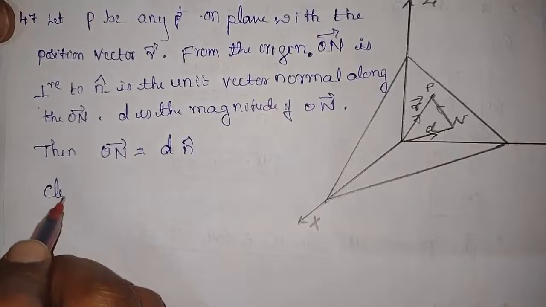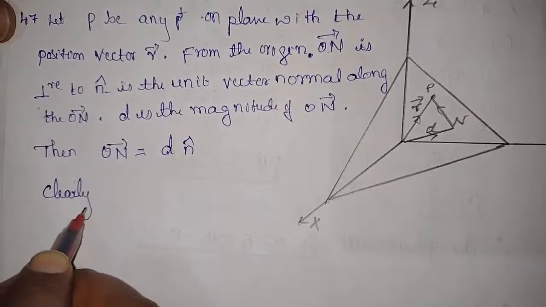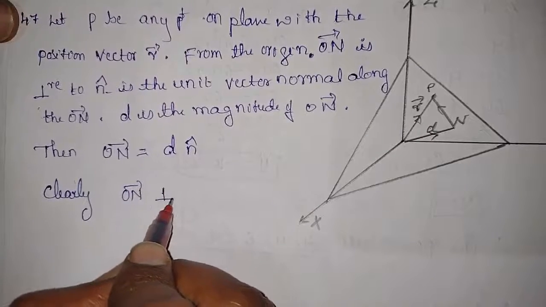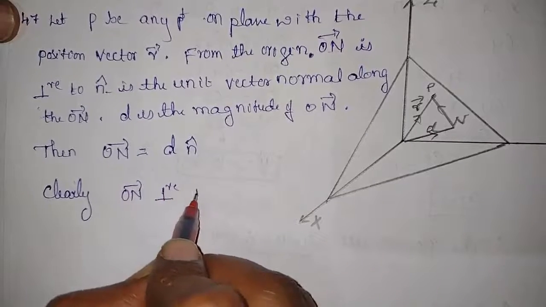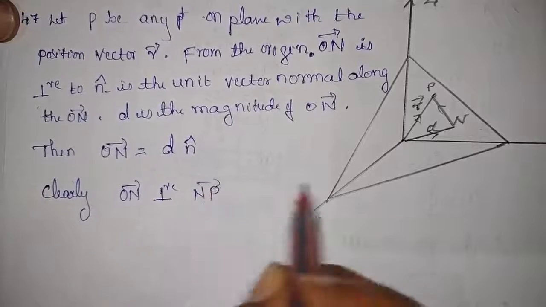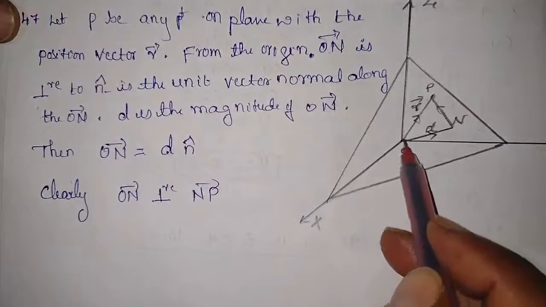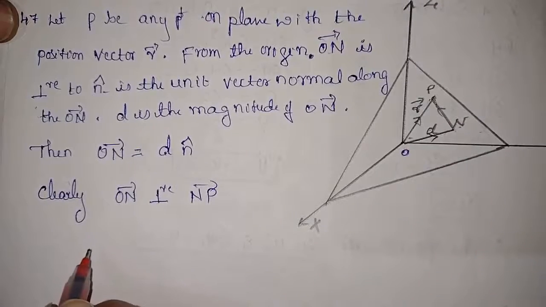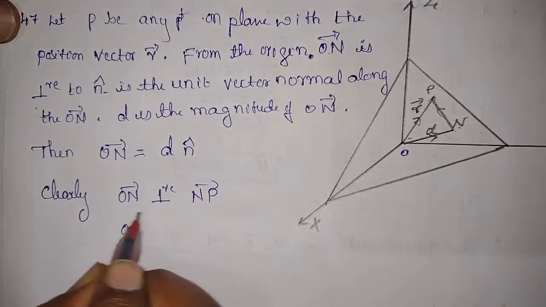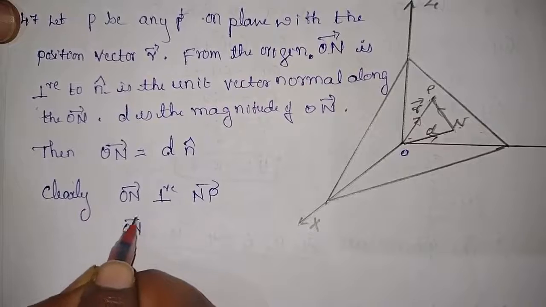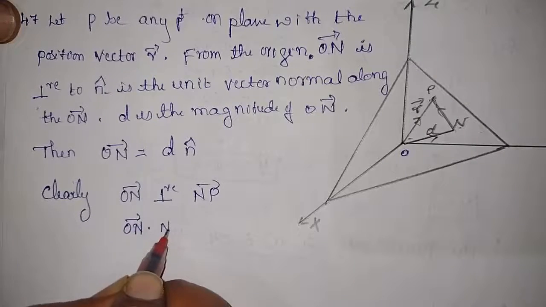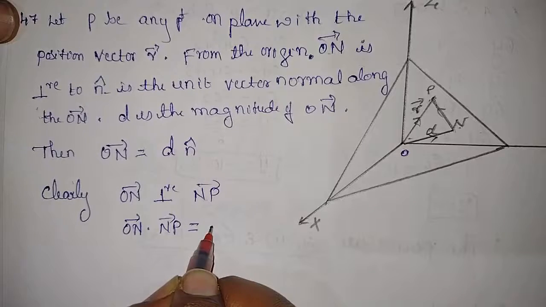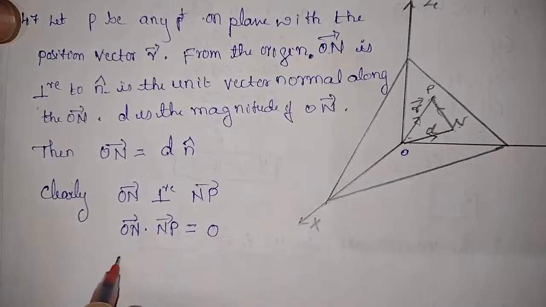Clearly, the vector ON is perpendicular to the vector NP. So if two vectors are perpendicular, the dot product is 0. That means ON vector dot NP vector is equal to 0.